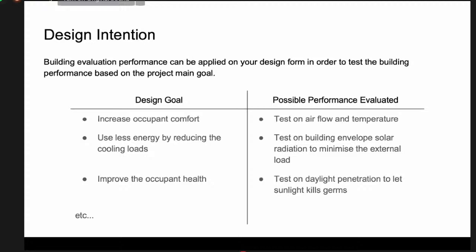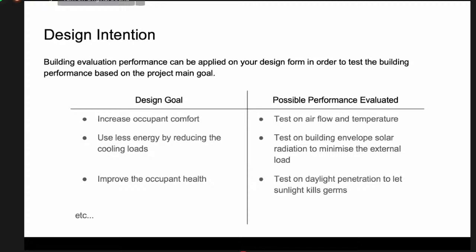There are actually several software packages to test occupant comfort, but we can also do it partially by testing the airflow and also the temperature, because one of those parameters could really affect the occupant comfort. So we can test only part of those parameters.